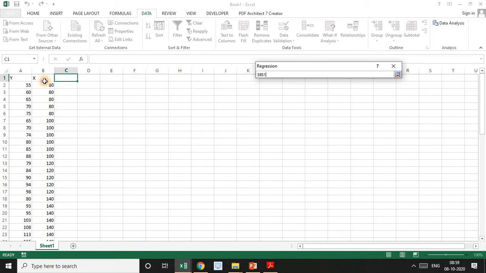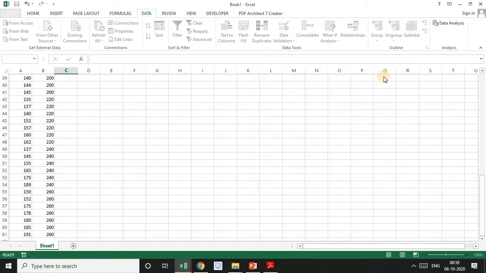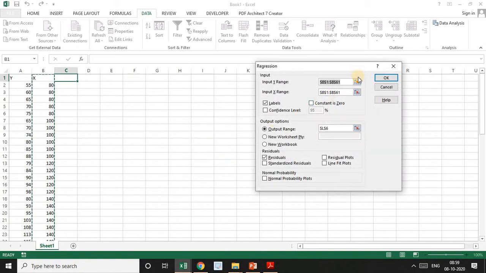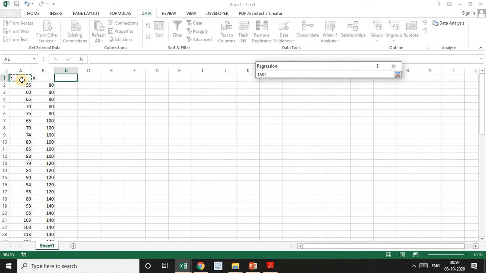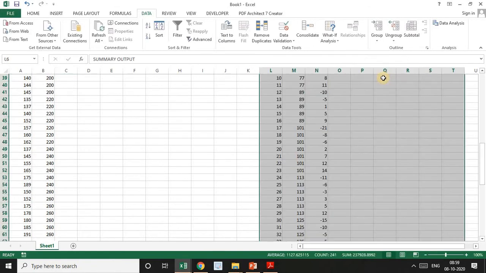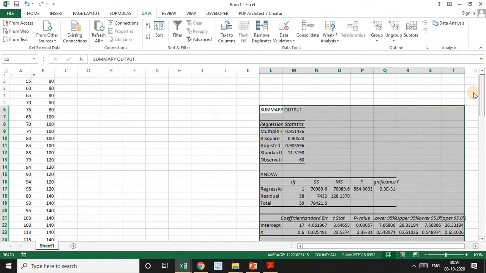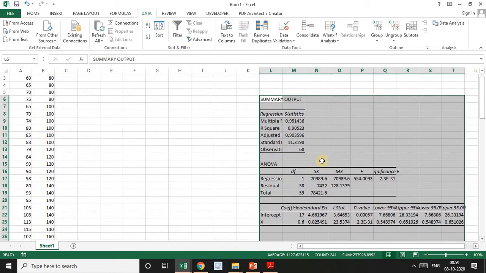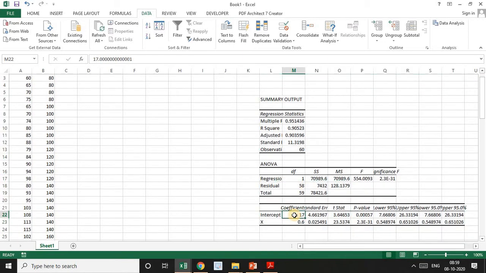Okay, x range is missing. Now, if you look at the equations, we have got intercept is 17 and x is 0.6.